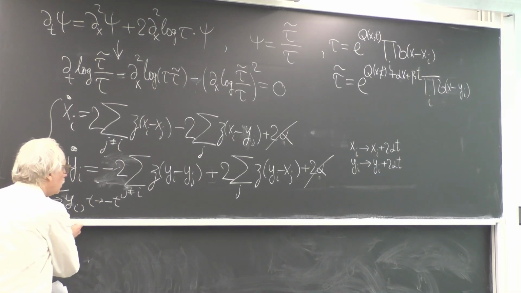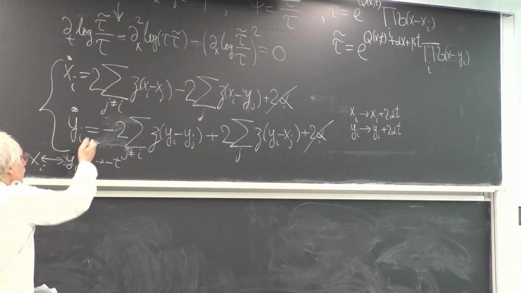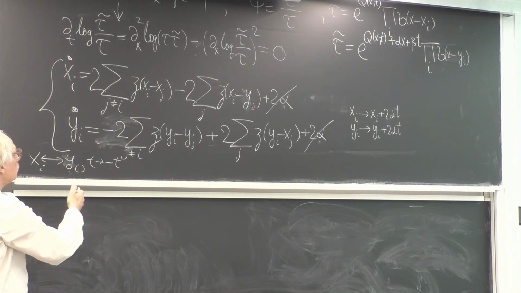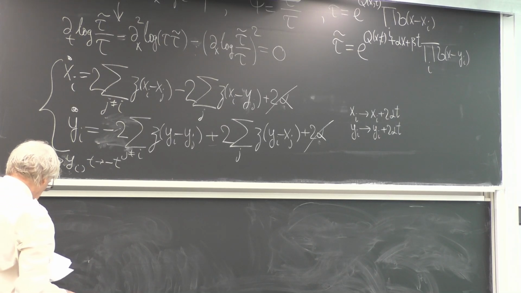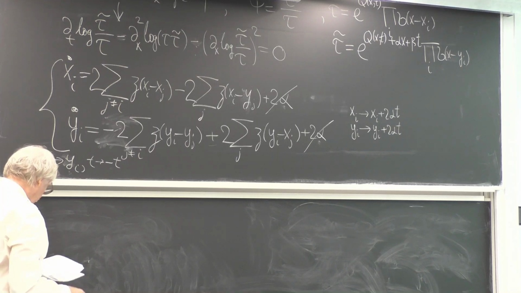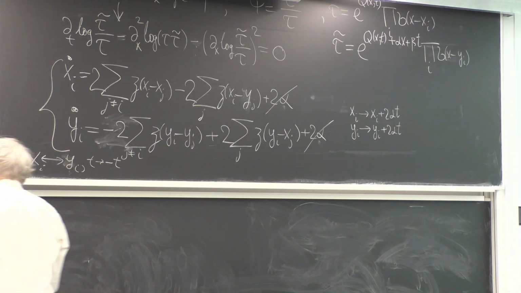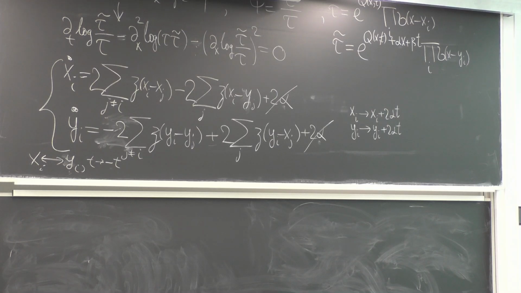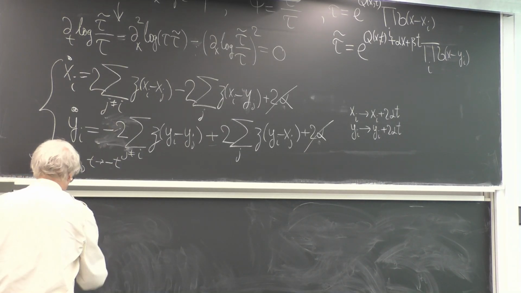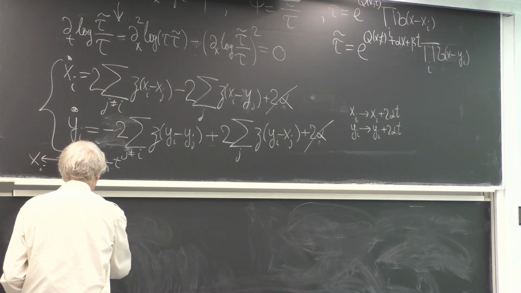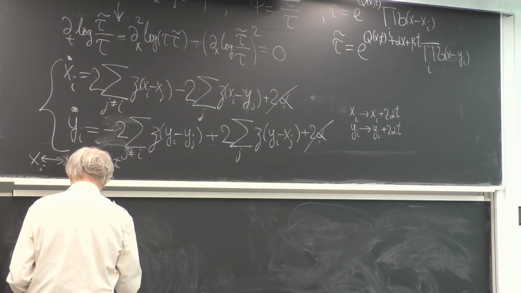Now we can reinterpret this system as evolution in discrete time. So we redenote the variables in this way, and then this system can be written in the following form.